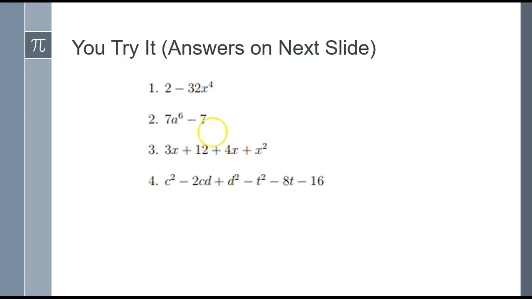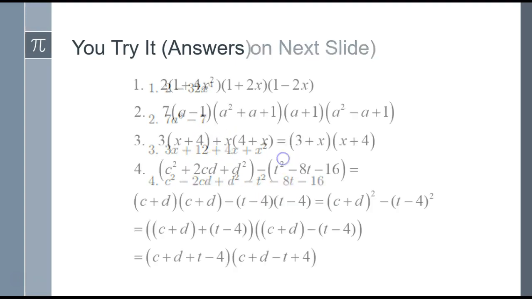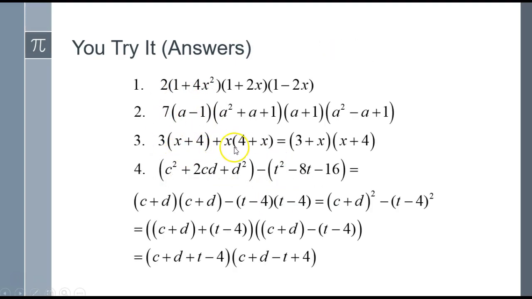So 4 plus x can be written as x plus 4, and that's what I've done here. I just ignore the order, or in my mind or on my paper, rewrite this. So that leaves me with the 3 plus x from the coefficients of the parentheses, and the x plus 4 was a common factor.